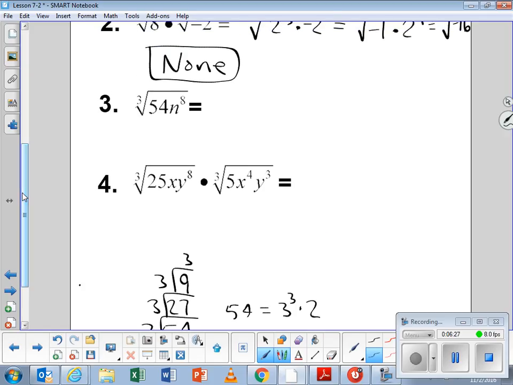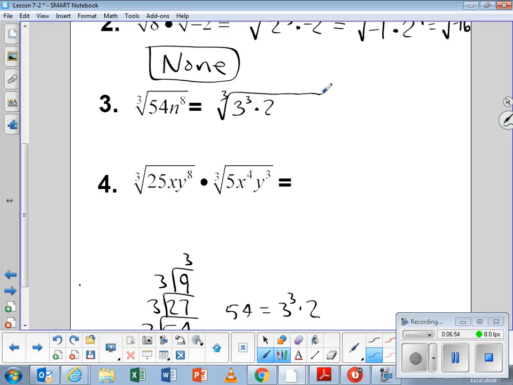The reason I did that is because I'm looking for the cube root of 54 up here. And so I can break this down into the cube root of 3 cubed times 2, and then n to the 8th. How many n's are there in n to the 8th? 8.